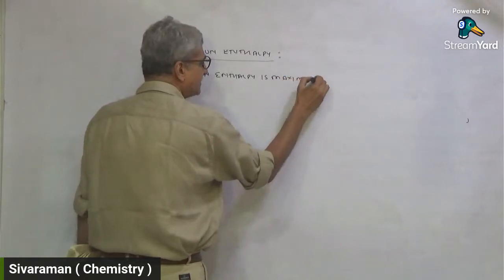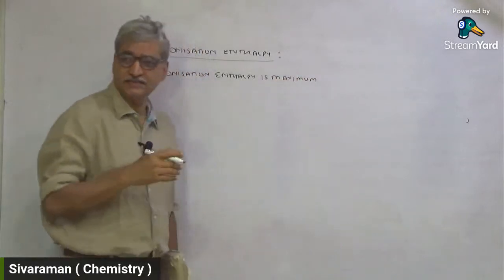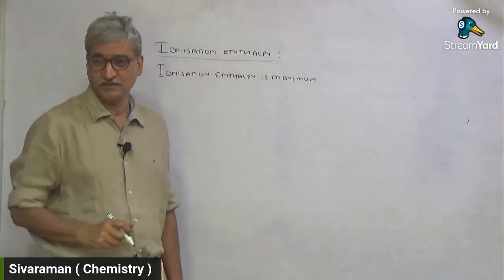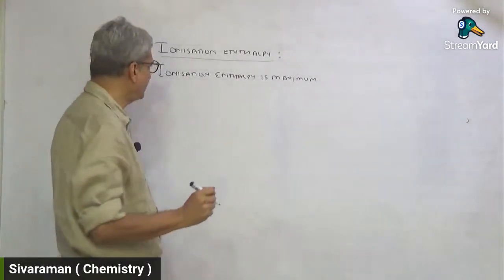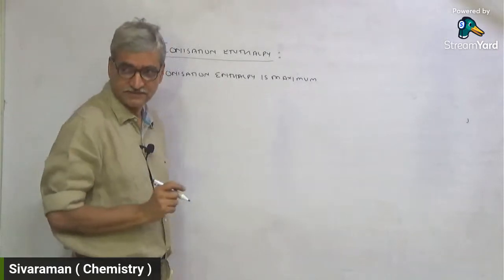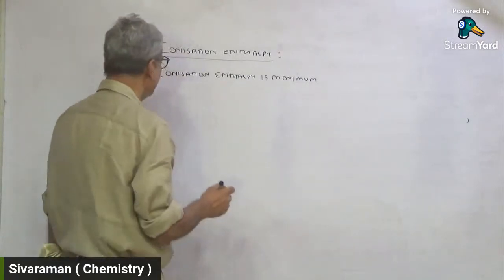I am not saying it is maximum in the sense in the period. Why? Because then we'll get into trouble with inert gases. Inert gas has the maximum ionization enthalpy.